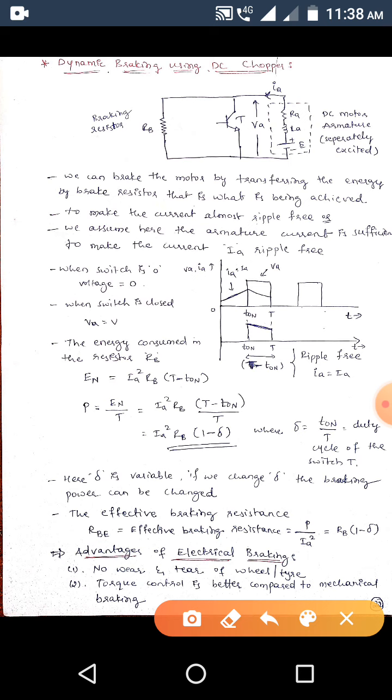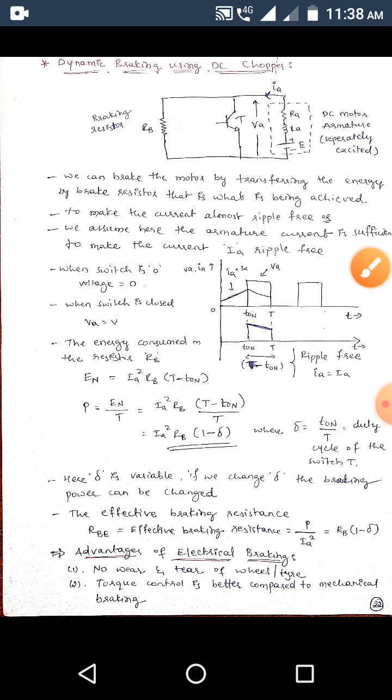There will be automatic control of torque in the motor, so there is no wear and tear of the wheel or the tire. You can see this in railway tracks as well as electrical vehicles.